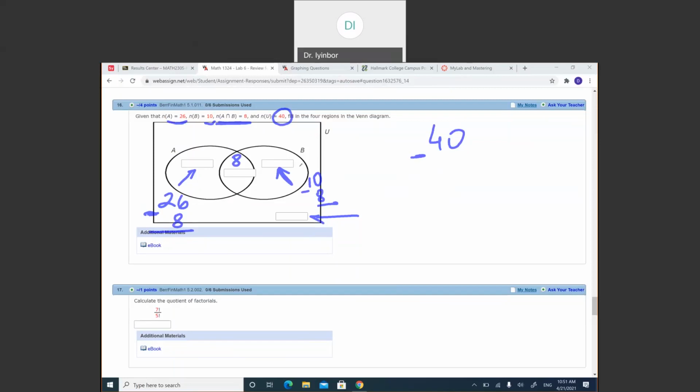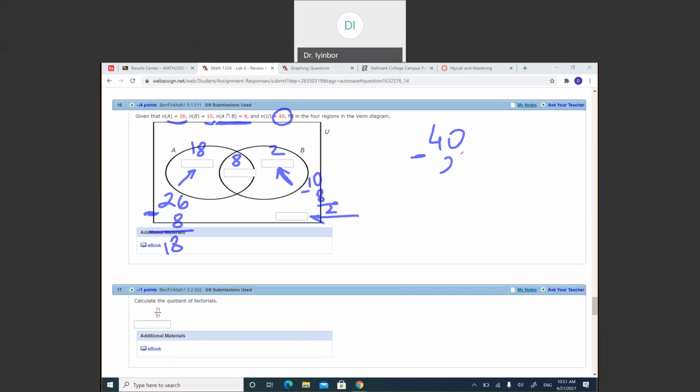So let's fill it up. So you have 26 minus 8 is 18. This is 2. And then when I add 18 plus 8 plus 2 is 28.